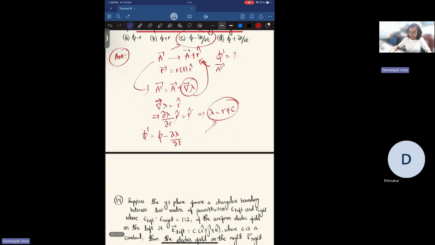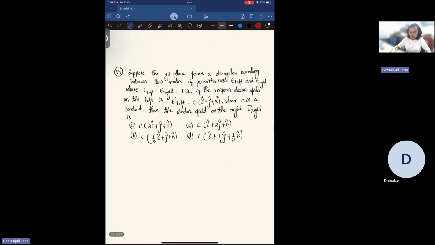Okay, good. Let us see whether you are able to recall the concept from the previous classes. I think we have seen this before, and it's also related to the content that has been taught. It's based on the boundary condition. Suppose the YZ plane forms a chargeless boundary between the two media of permittivity epsilon left and epsilon right. It's given the ratio is 1:2.